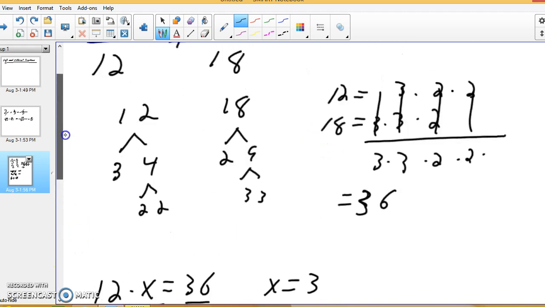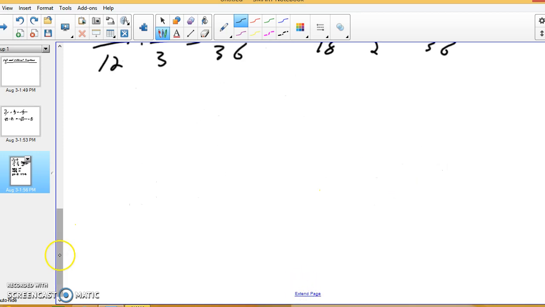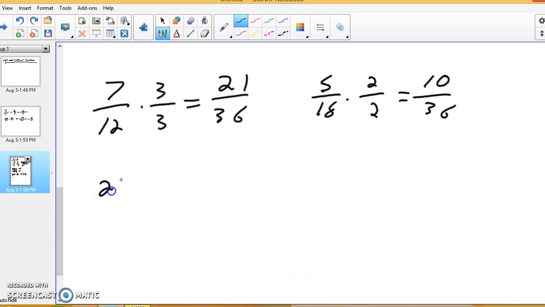So we have 5 over 18. We want to multiply 18 by 2 to give us 36. But that means we need to multiply the top by 2 because 2 over 2 is 1. If we multiply this by 1, we're not changing the fraction, just how it looks. So 5 times 2 is 10. Now that we've done that, we have the fractions 21 over 36 plus 10 over 36.